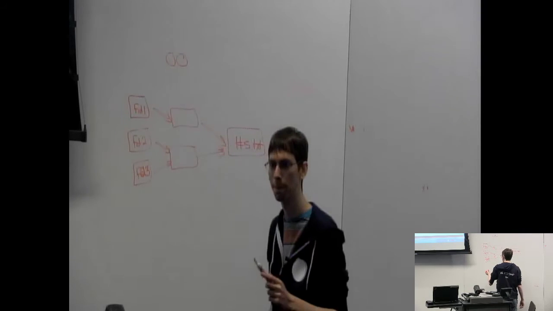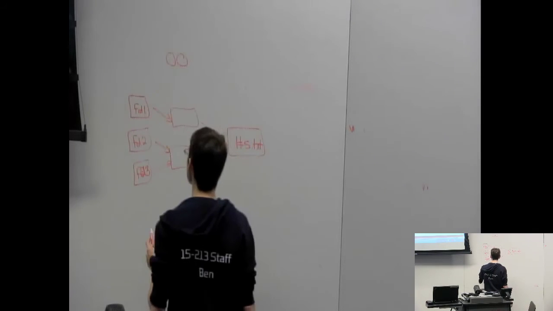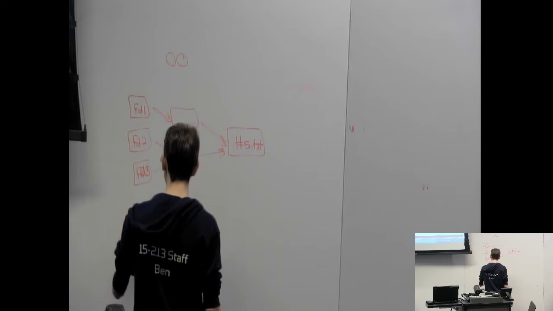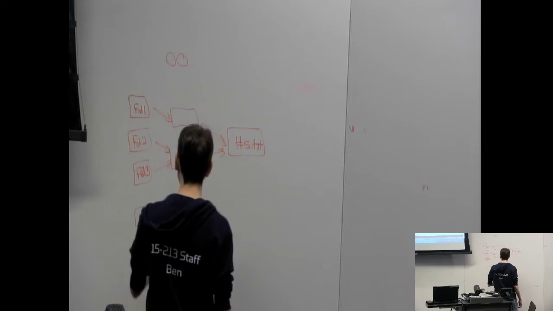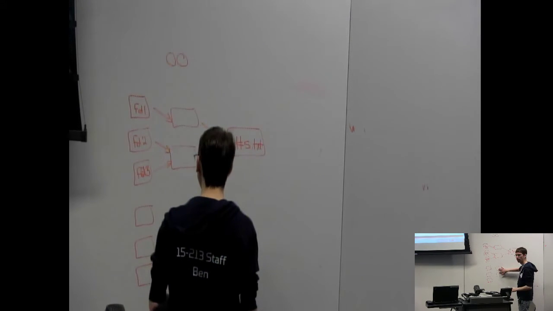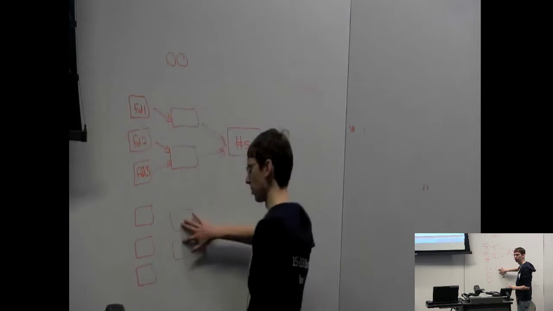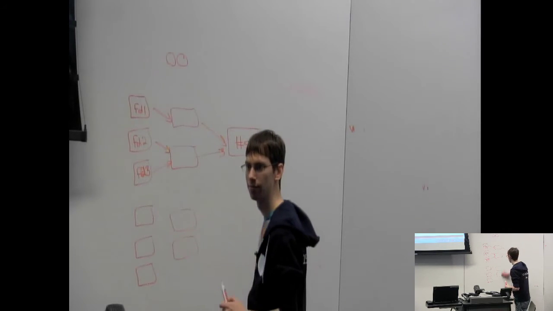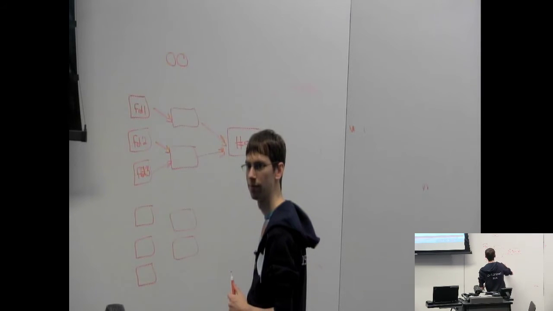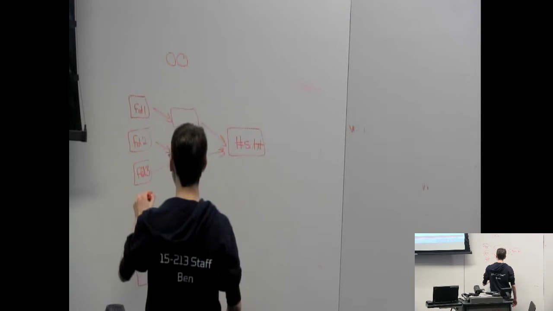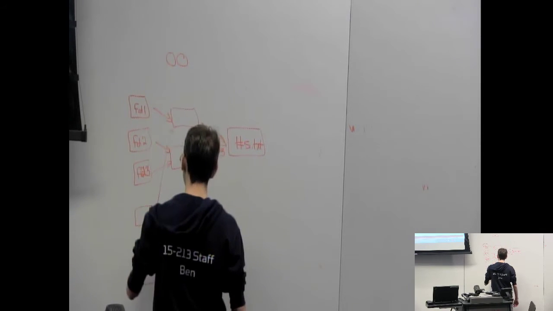So what does the child look like? We get new file descriptors, right? Do we get new information about where we are in the file, or is this shared? It would be the same, right? Yeah, okay. So the child has its own file descriptors up here.